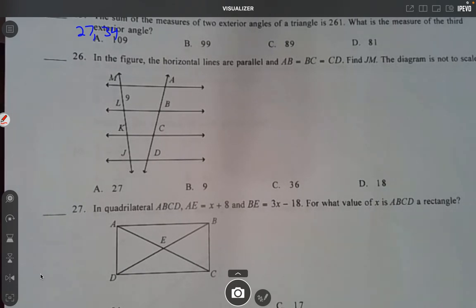A lot of times people put too many nines or too many of whatever that number is. What I want you to do when you have this problem tomorrow is see that 9 right there. Write a 9 here, or whatever that number is, an 8, a 7, whatever it is, and then write a 9 here. And then you're going to see, what is it to go from J to M? 9 plus 9 plus 9.